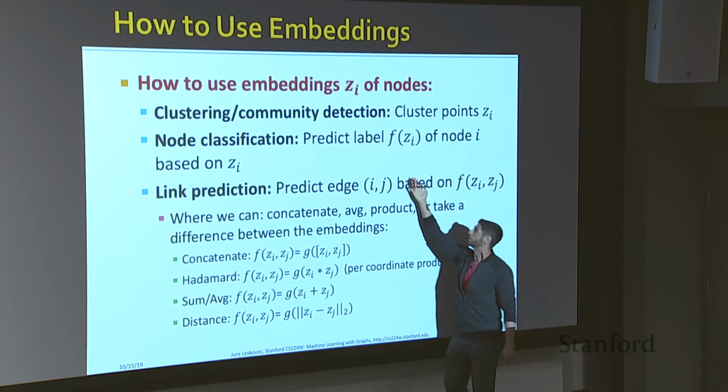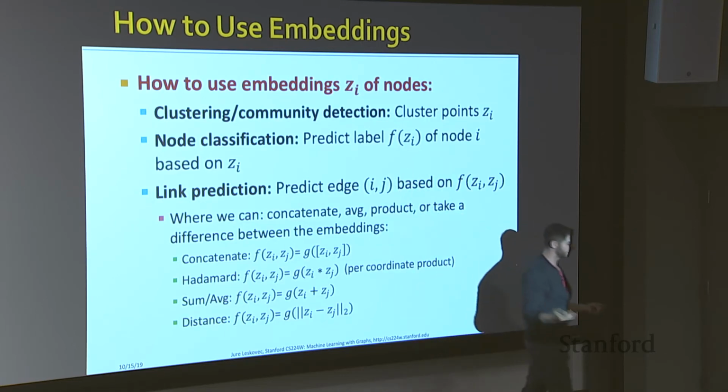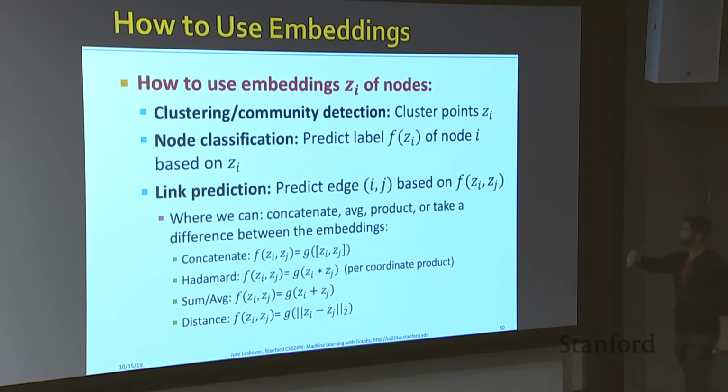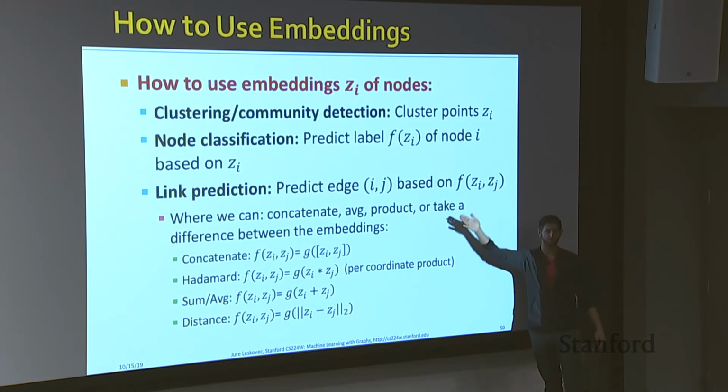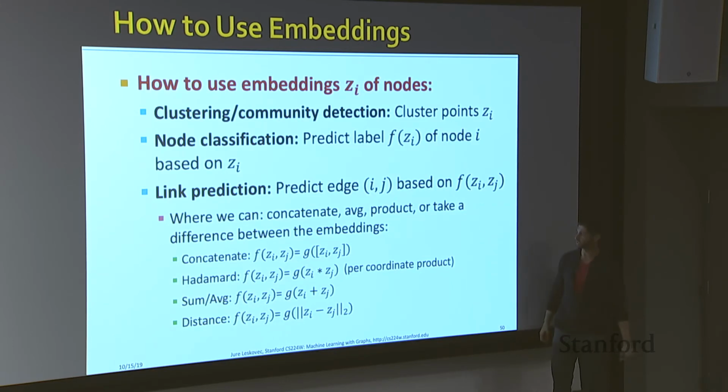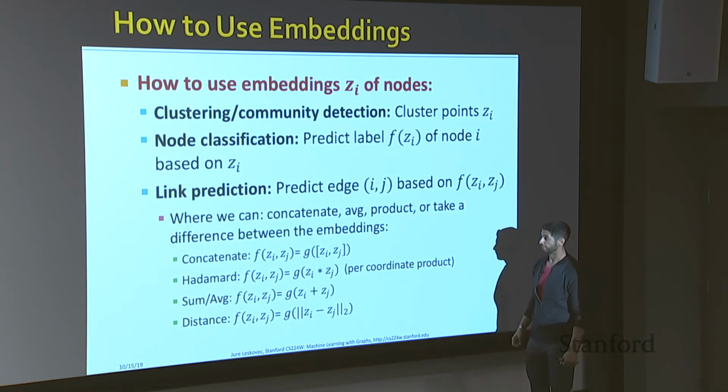We can train our function f, which can be any classifier, an SVM, a decision tree, whatever you like, to give us labels for each node in the graph. So we already solved the node classification that we talked about on Thursday by training a simple classifier over these vectors.